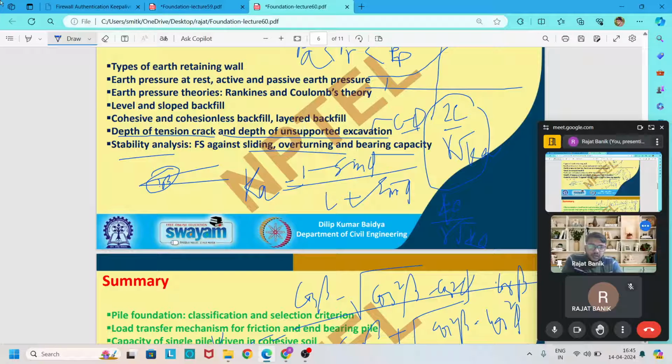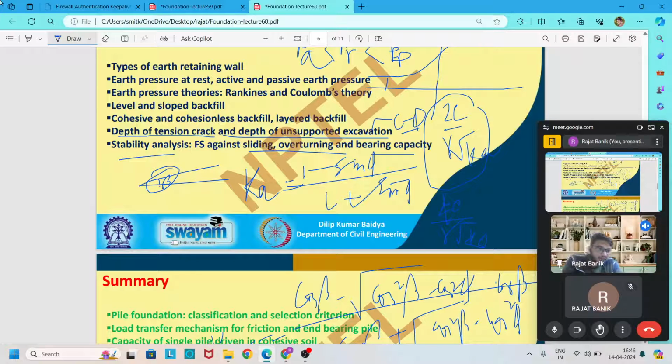And one thing, the resultant vertical stress, which is created due to this arrangement of the earth pressure, should be within the B by 6 distance from the middle or center of the retaining wall, so that it does not create any tension crack in the base of the retaining wall.